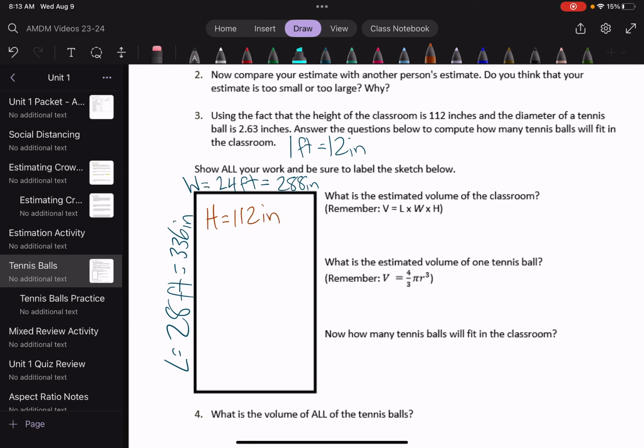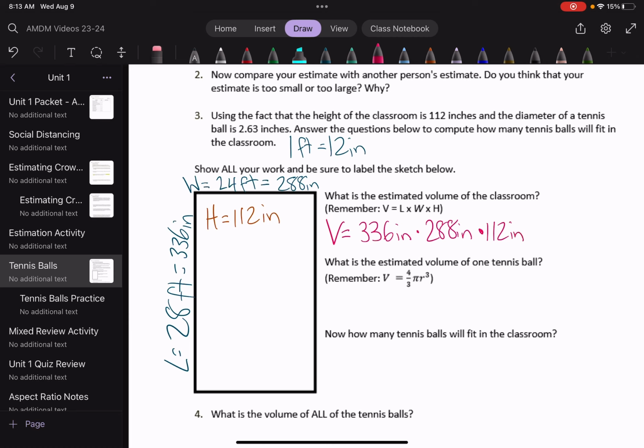All right, with this being given to us, we need to go ahead and estimate the volume of the classroom. Well, I know that volume equals length times width times height. I know my length is 336 inches. I'm going to multiply that by my width, which is 288 inches, and my height, which was given to us at 112 inches.